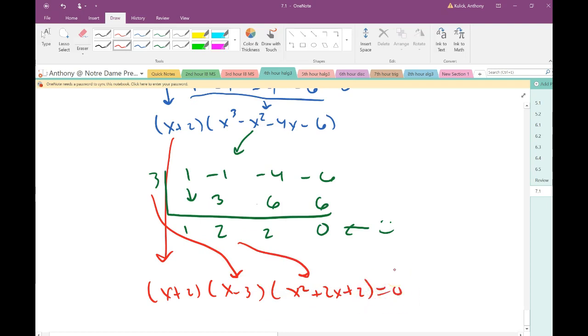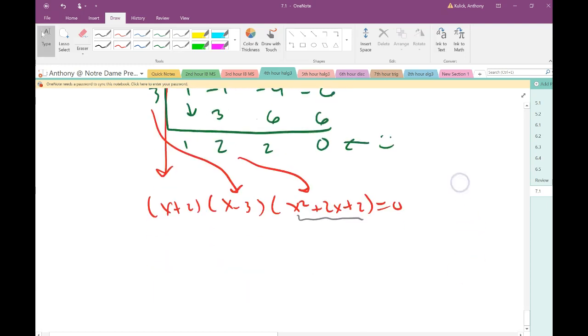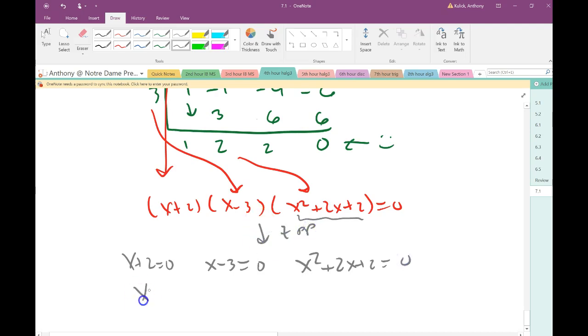But I'm out of factors or possible rational solutions to use, and I still have some stuff left. Well, what's going on here? Well, maybe we'll just try to solve and see what happens. So I use the zero product property, and I get x equals negative 2, x equals positive 3, and this I'd have to use the quadratic formula for.